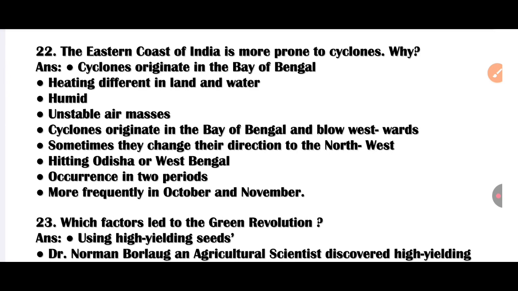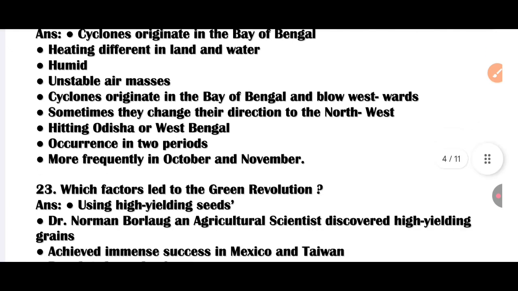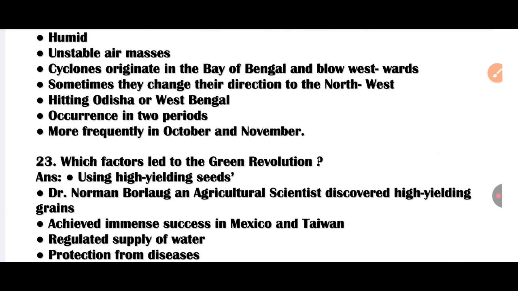Cyclones originate in the Bay of Bengal, heating different in land and water, humid, unstable air masses. Cyclones originate in Bay of Bengal and blow westwards. Sometimes they change their direction to the northwest, hitting Odisha or West Bengal. Occurrence in two periods, more frequently in October and November.